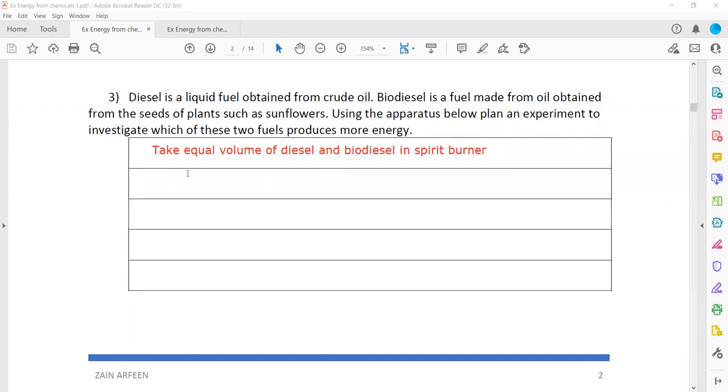So we are taking equal volume of diesel and biodiesel in the spirit burner. Then we'll fill the test tube, or you can also say beakers, with the same amount of liquid, that is water.